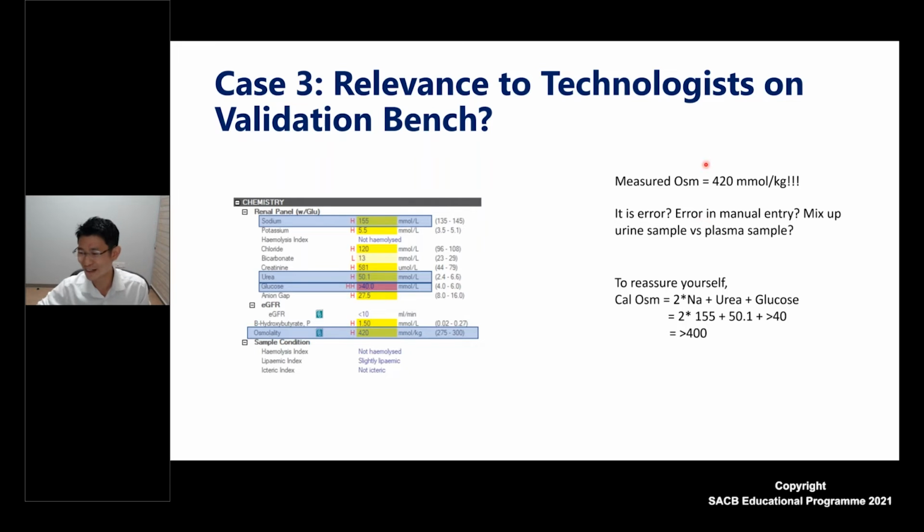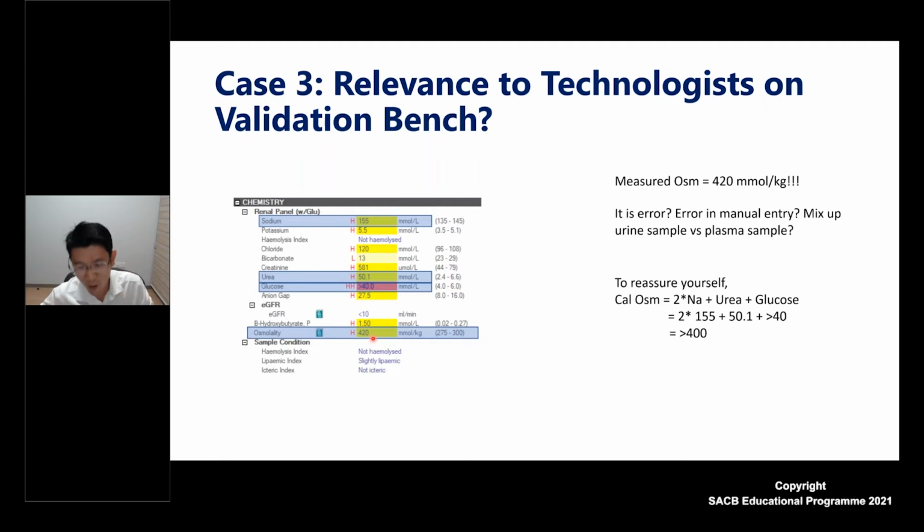To reassure ourselves, we can use the calculated osmolality: 2 times 155 plus urea 50.1 plus glucose. 2 times 155 gives you 310, plus 50 gives you 360, plus at least a 40 gives you at least a 400. So my calculated osmolality is at least 400, and my measured osmolality is 420.